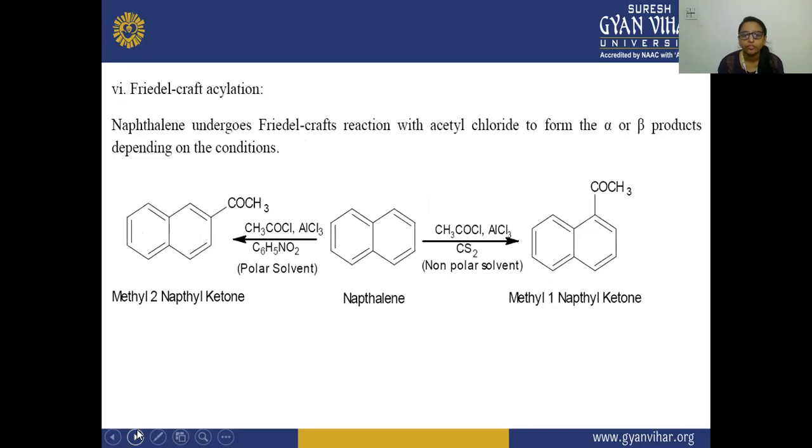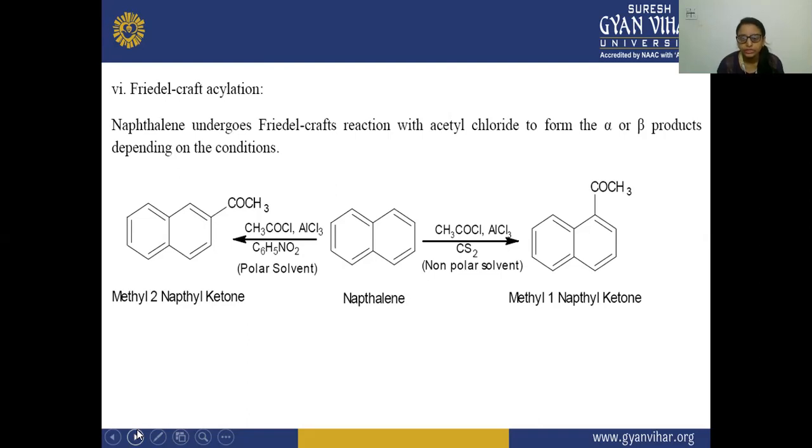Next is your Friedel-Crafts acylation. Here, acylation means the benzene ring is attached to an acyl group, and you will see that naphthalene is reacting, one time with a polar solvent and another with a non-polar solvent. Naphthalene undergoes Friedel-Crafts reaction with acetyl chloride to form the alpha or beta product depending on the condition.